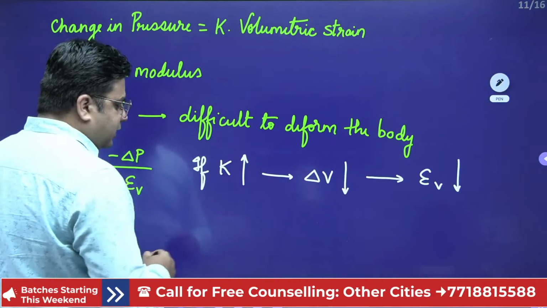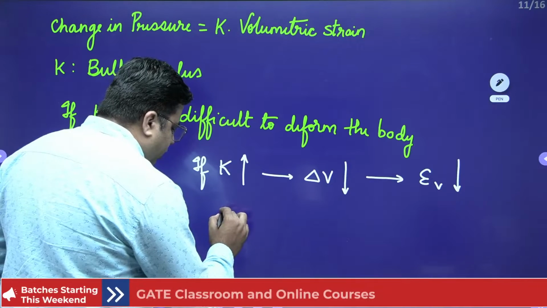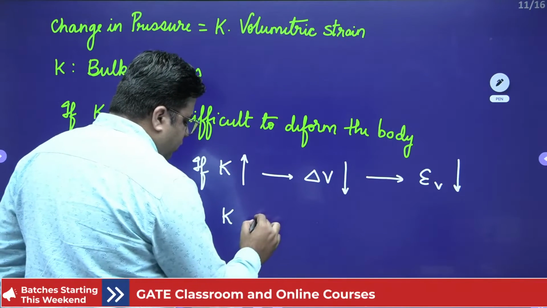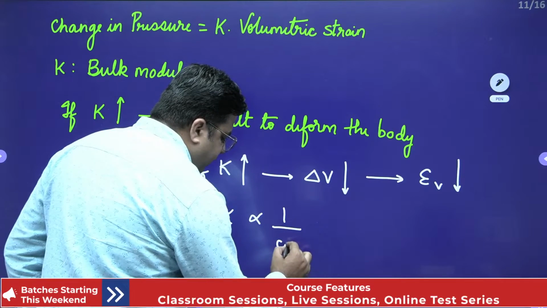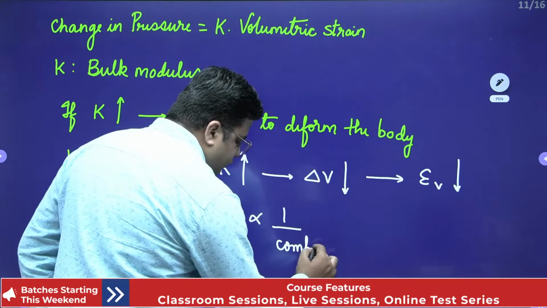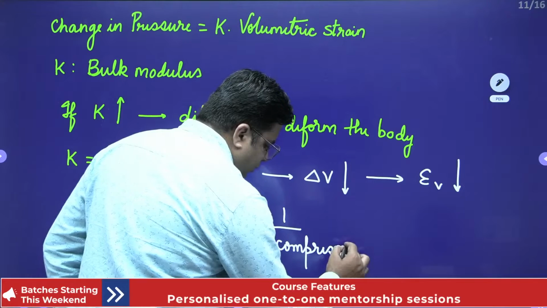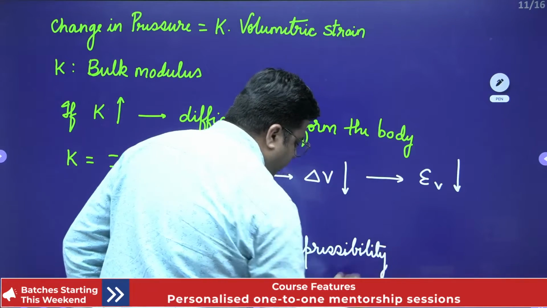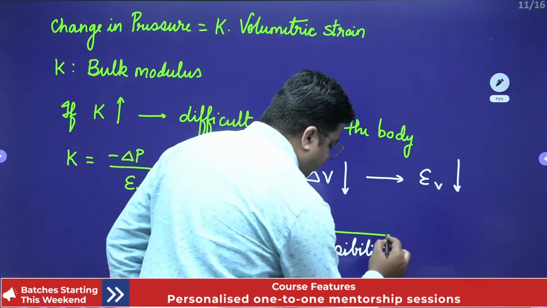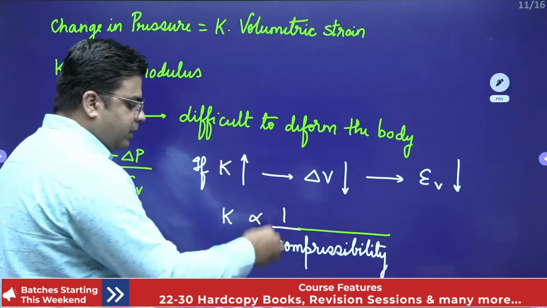So what it tells us is that your bulk modulus K is inversely proportional to your compressibility. Bulk modulus is inversely proportional to your compressibility.